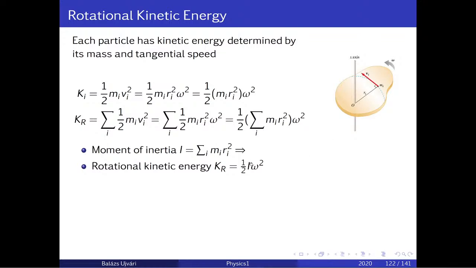But in this form, we can simplify the kinetic energy of the rotating system as 1 over 2 times something that depends on the body, on the mass and the shape, and something which is about how the body moves. So it's more or less the same as 1 over 2 m v squared. In the translational kinetic energy, m is something that depends on the body, and v is something that describes how the body moves.